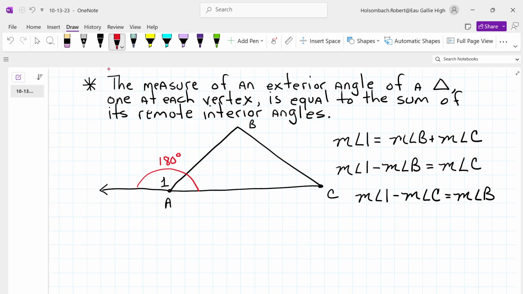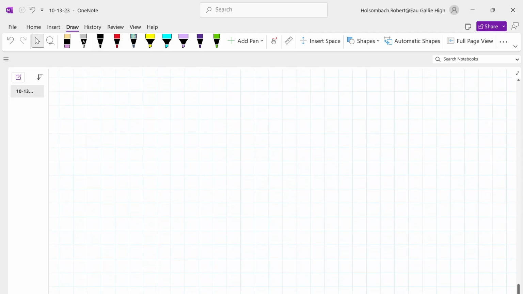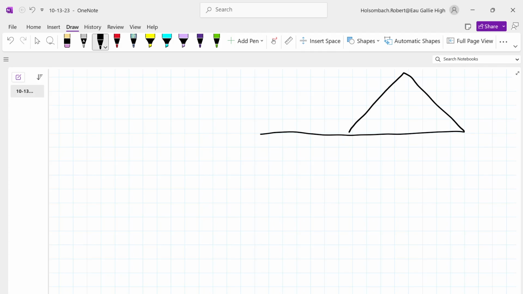All right, so let's look at an example up on the top of page 249 that has somebody stretching there, but I'm not going to draw the person part of it. I'm going to draw the triangle part of it. We've got this picture.